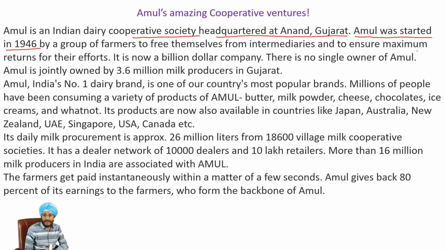So now we come to the main topic. Amul was started in 1946 by a group of farmers to free themselves from the intermediaries and to ensure maximum returns for their efforts.